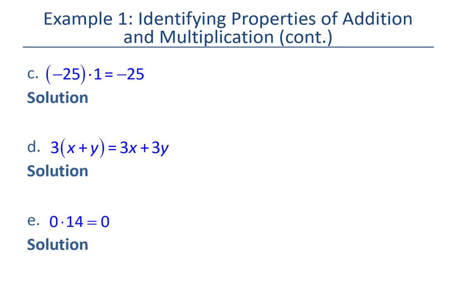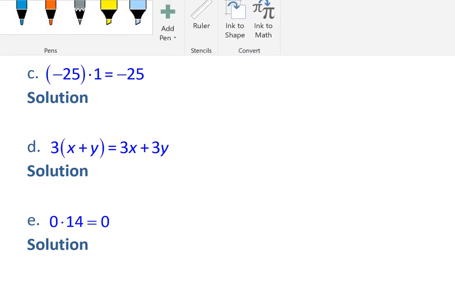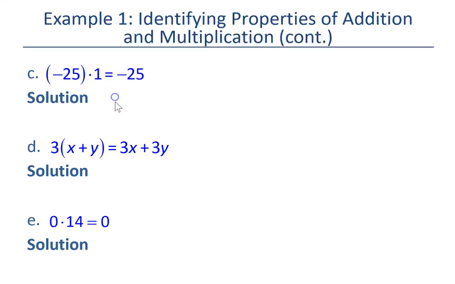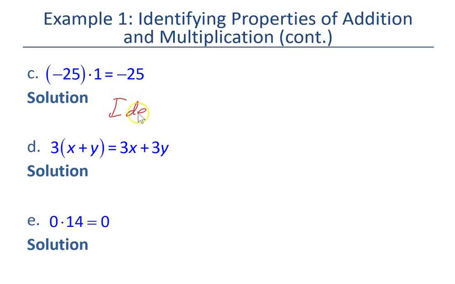So we can say we have the identity property for multiplication. Identity literally just means nothing changed. Identity property for multiplication.